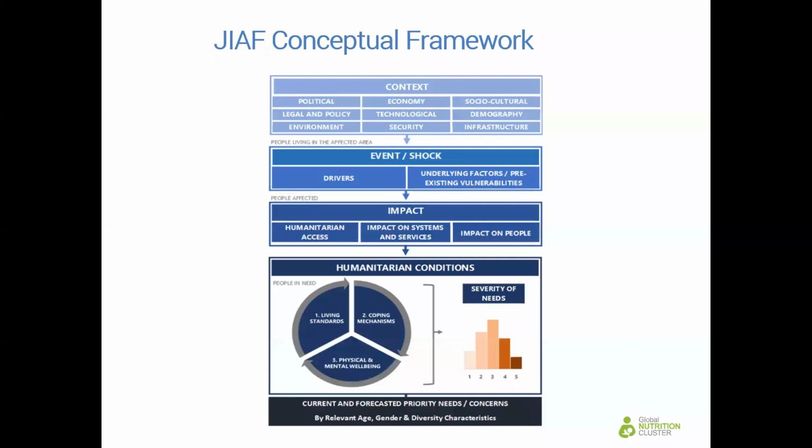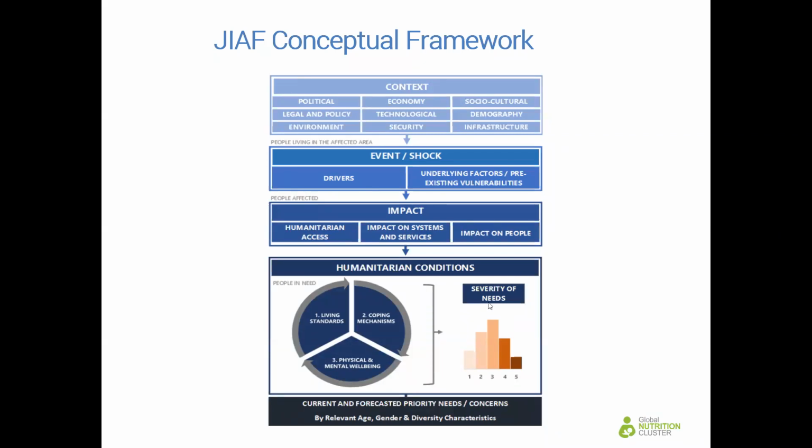And then there's a subpillar of the coping mechanisms, which is used to understand and assess the degree to which individuals, households and communities are coping or facing challenges with impact recovery, understanding the severity of the coping strategies they are relying on. Coping mechanisms obviously can be positive or negative, but it's really to capture that element.